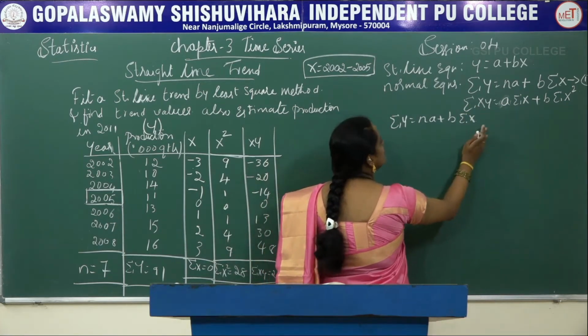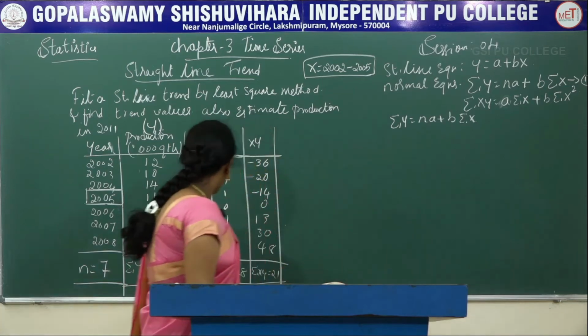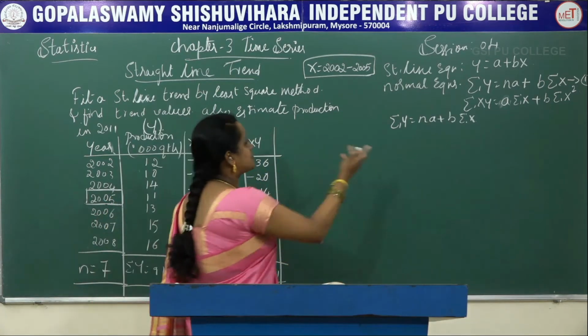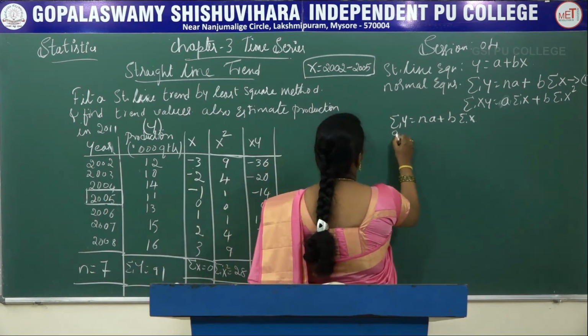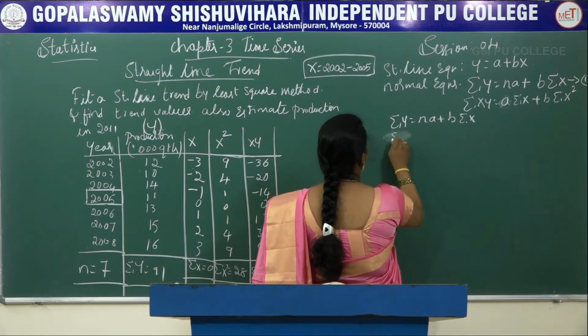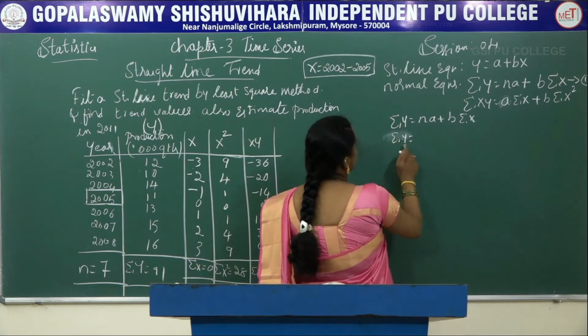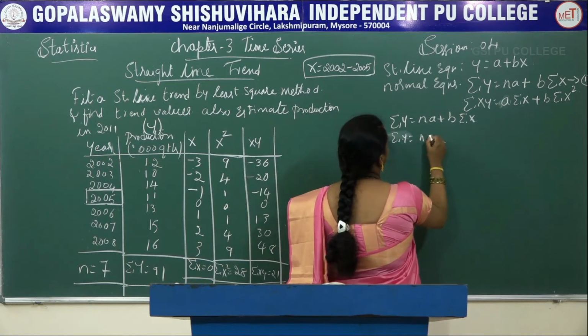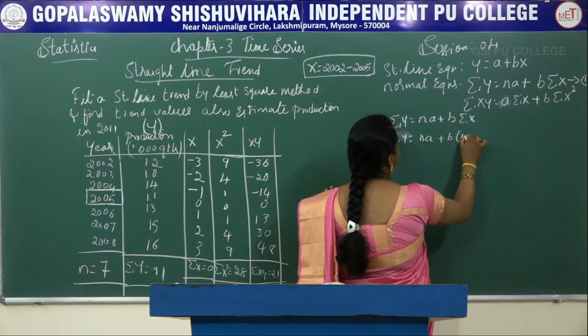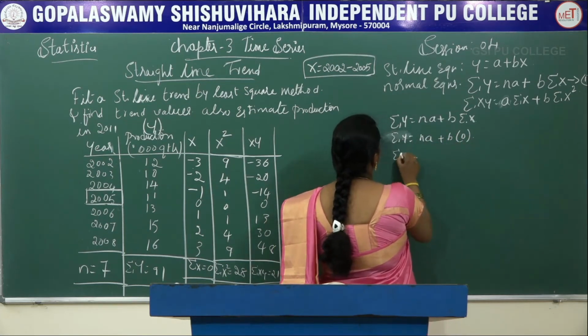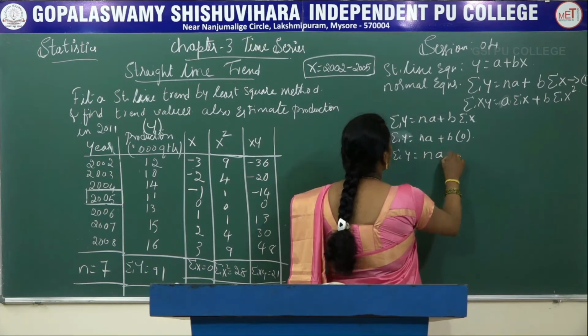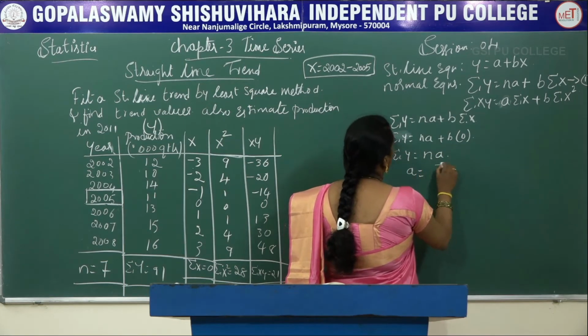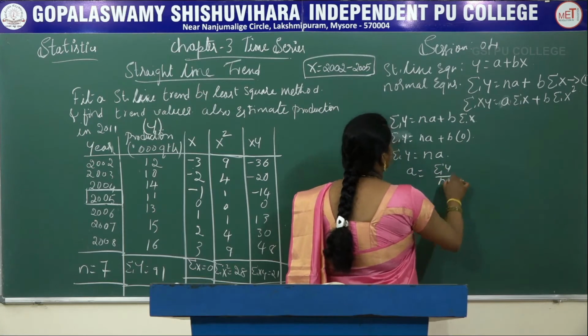See, in this equation, the summation x is equal to 0. I will substitute that. Summation y is equal to 91. So summation y is equal to n into a plus b into summation x, which is 0. So summation y is equal to na, or a is equal to summation y by n.